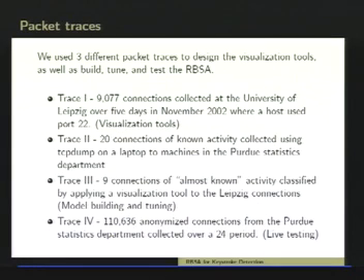So for the data that we worked with, we used 4 different packet traces to conduct our development and testing. The first packet trace we used was the Leipzig data set. It's a packet trace consisting of a whole lot of connections out of the University of Leipzig back in 2002.